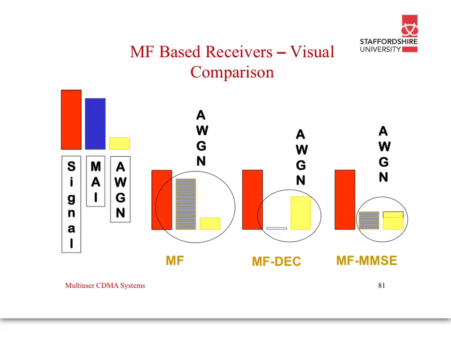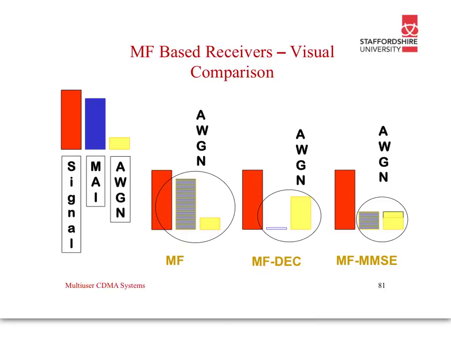So in the matched filter case, the signal is exactly the same representation as our input, the same ratio between signal, MAI and AWGN.